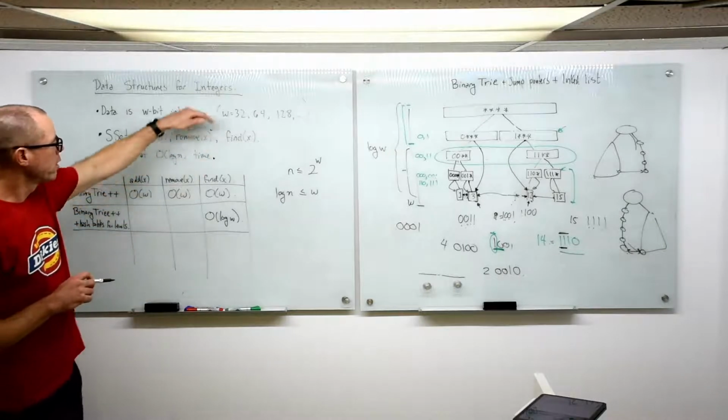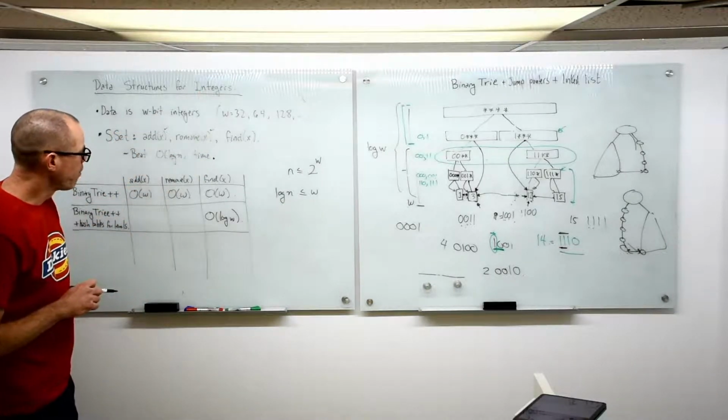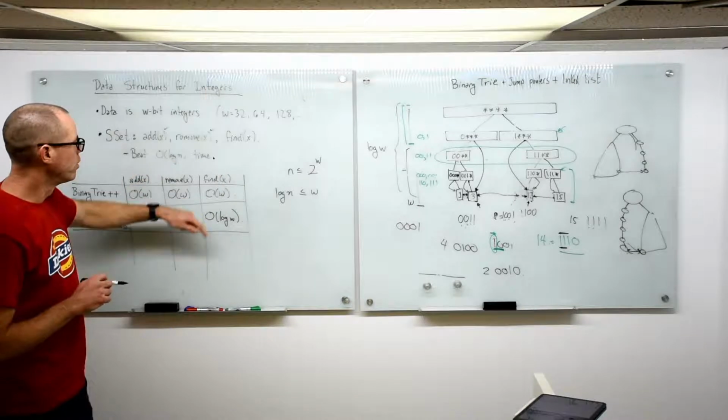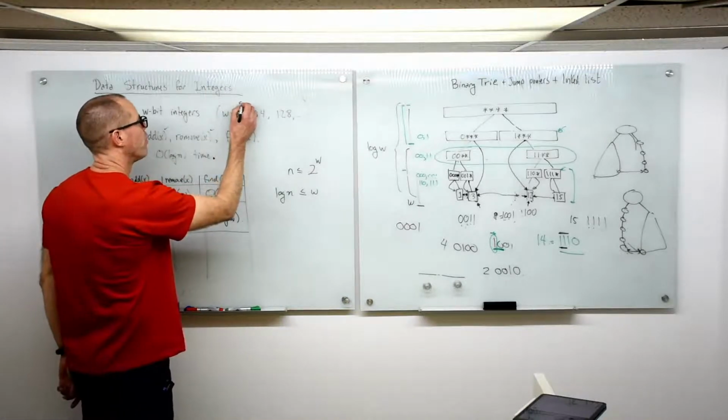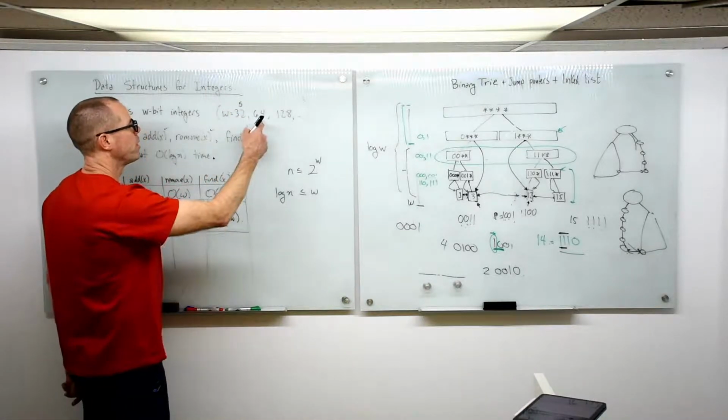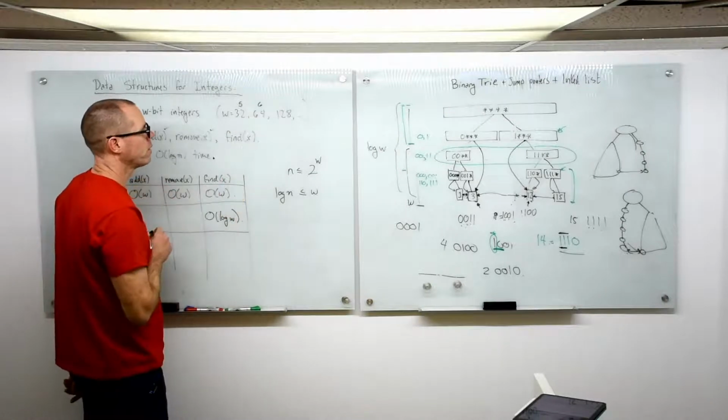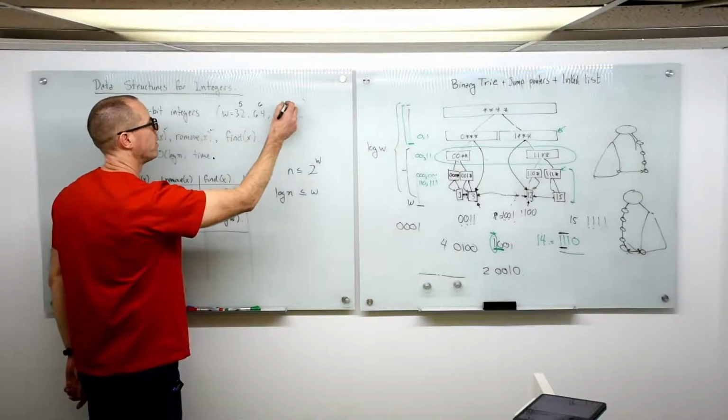So for instance, here, when W is 32, log W is 5. When W is 64, log W is 6. And when W is 128, log W is 7.